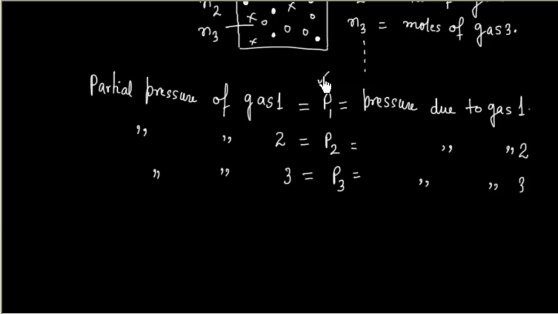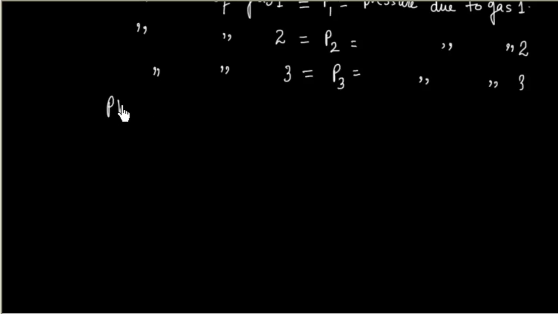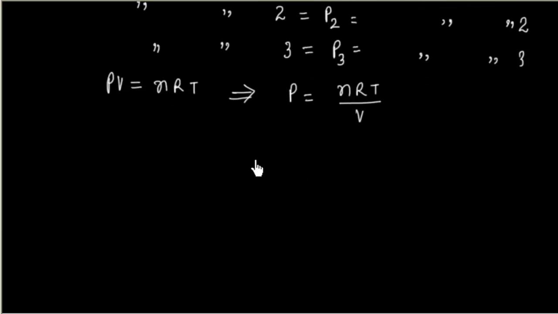Basically, we can calculate P1, P2, P3 values using the ideal gas equation. If I have the ideal gas equation, I can write the same equation for pressure, that is nRT by V. Now if I am interested in the partial pressure of the ith gas, I have to consider moles of the ith gas into R into T divided by volume. So two points are important.